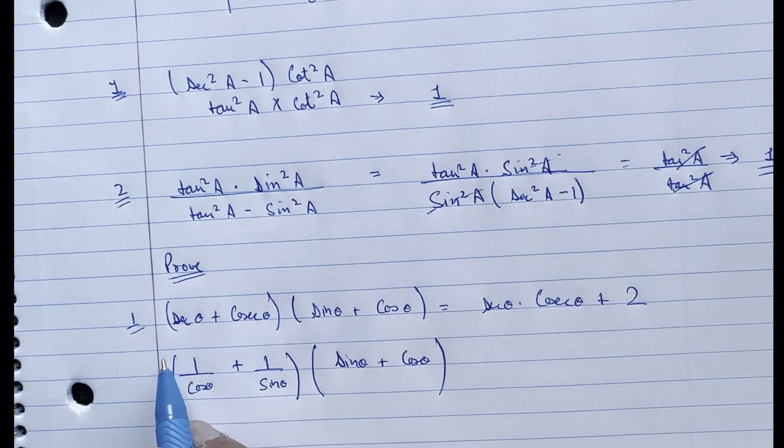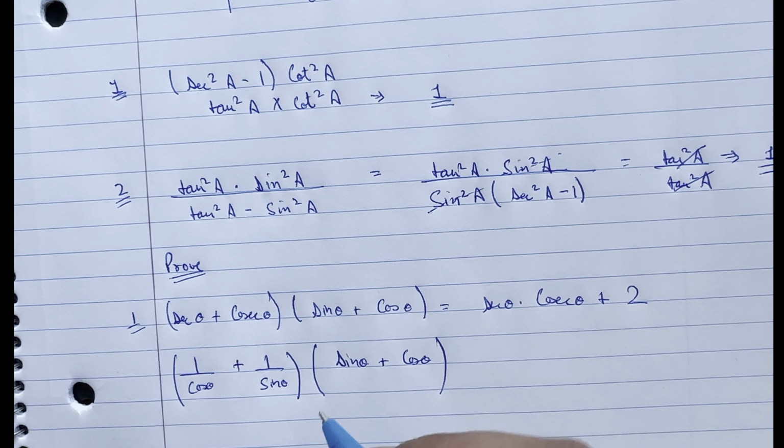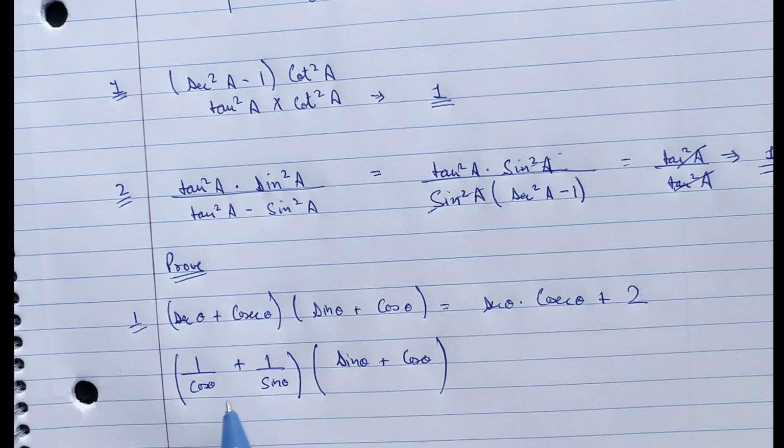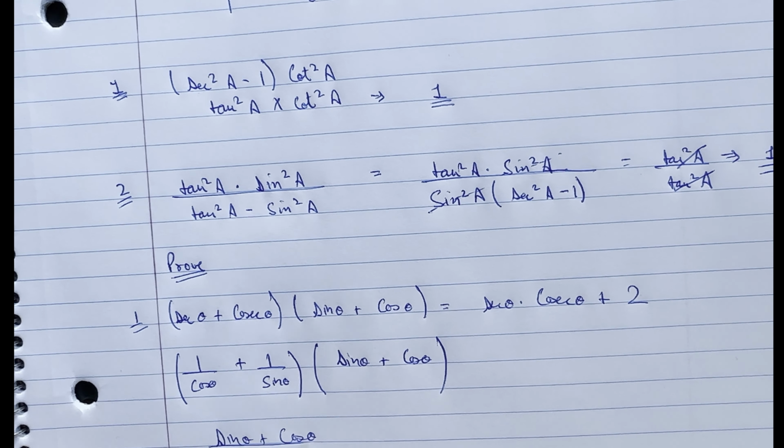Like there were 4, I now reduce it to 2, sine and cos. So this will make your questions easier to solve. So now this gives sine of theta plus cos of theta upon sine theta cos theta.